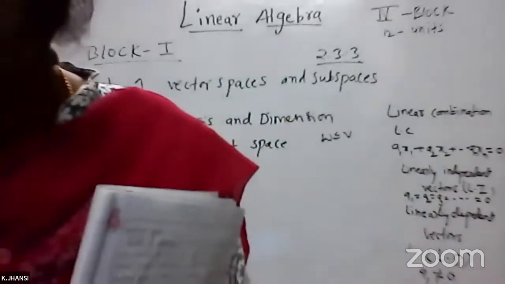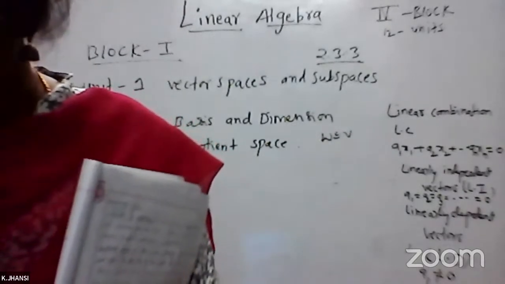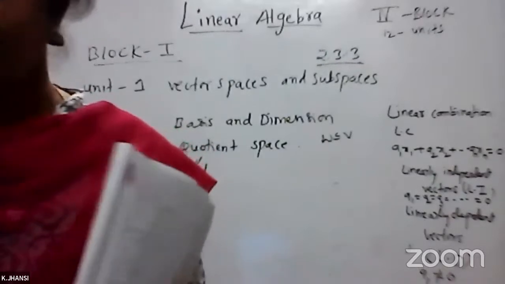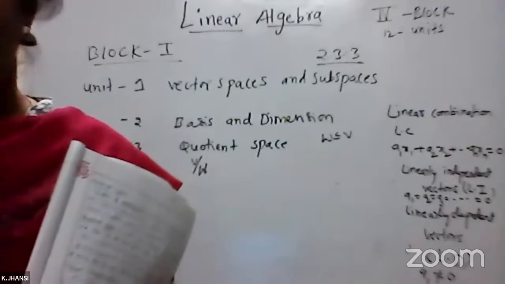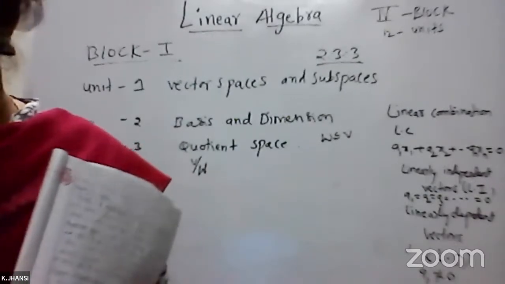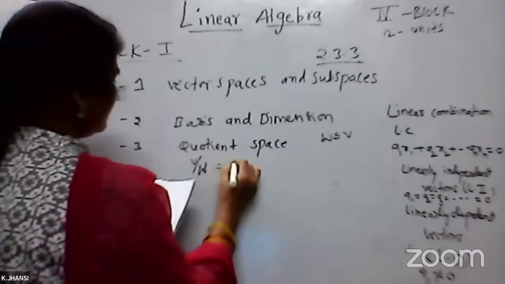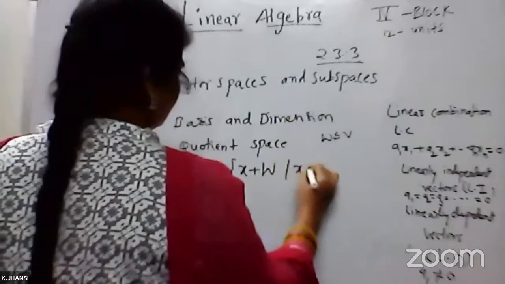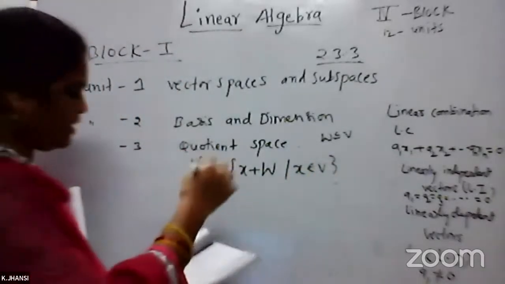Okay. So if you have the textbook, on page number 25, you have V by W, that is V quotient of W, defined as X plus W such that X belongs to V. Okay, and some other things are also there.